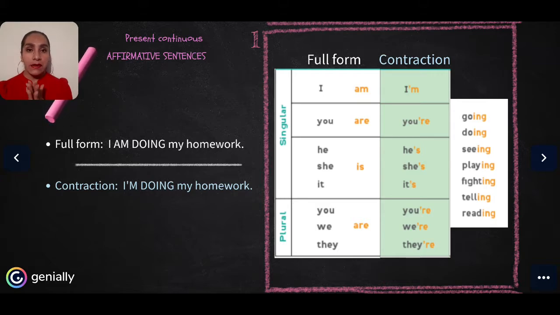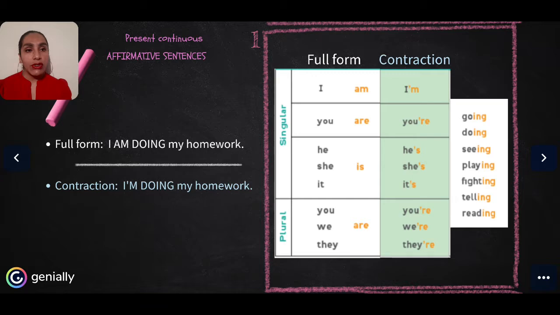¿Para qué nos sirven las contracciones? Solamente para reducir elementos y para sonar más fluidos en el lenguaje. Okay? So you have here in the chart, on the right side, the contractions: I'm, you're, he's, she's, it's, you're, we're, and they're. Those are the contractions.